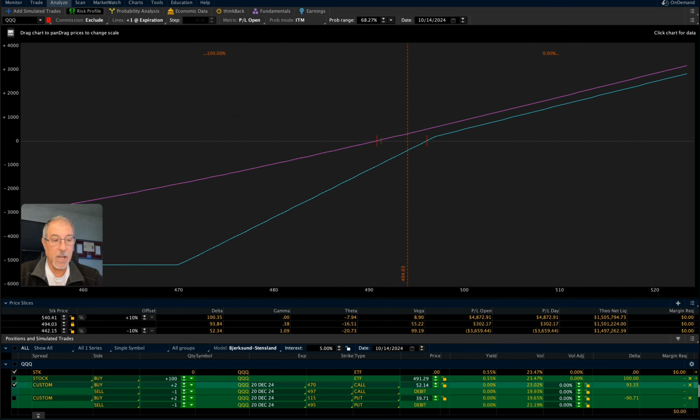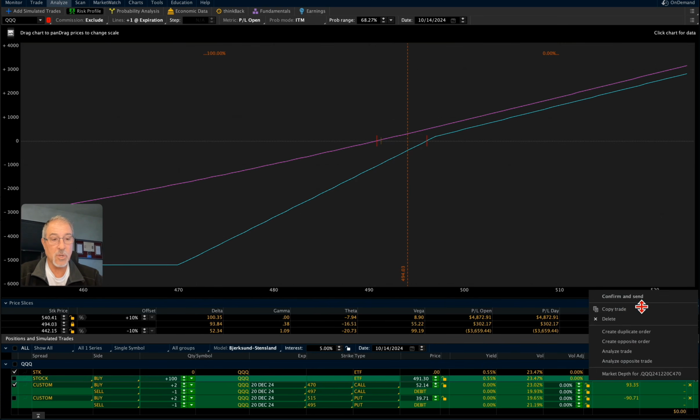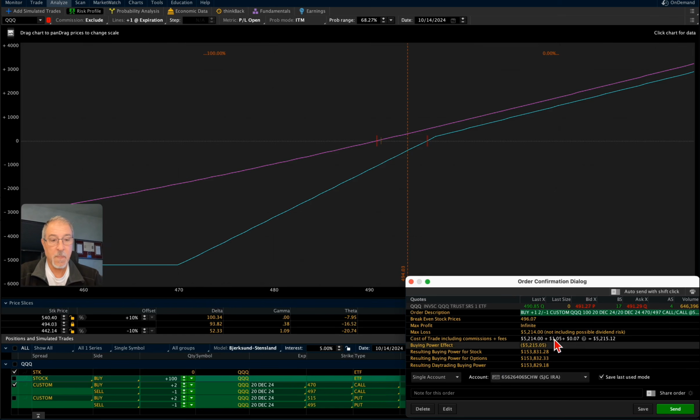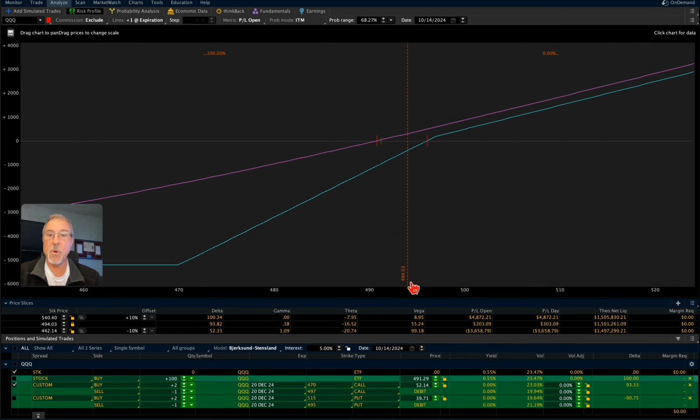And again, as we already saw, to get into this trade, I'm only spending $5,200, not $49,000. So this is a stock replacement scenario. Now, one thing to keep in mind, if your stock pays a dividend, maybe this isn't the way to go. Maybe you want the dividend on that stock. So keep that in mind as you're looking at this.